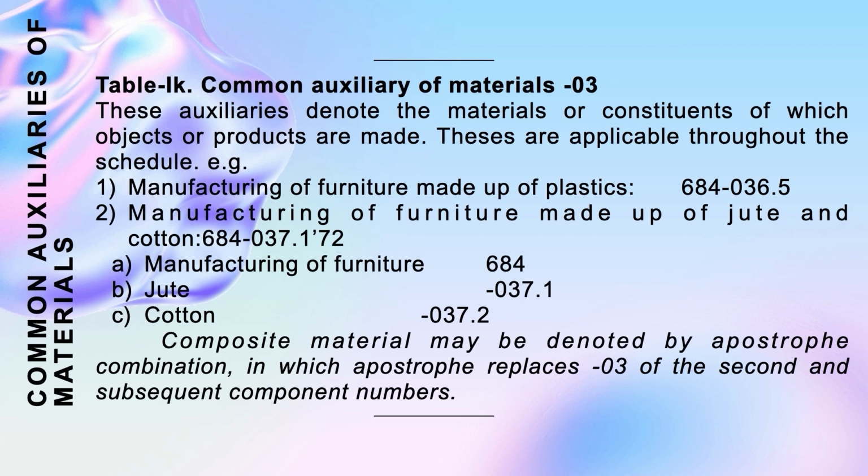You see, so the class number will be 684 hyphen first material number 037.1. Then you delete the hyphen 03 and place the apostrophe here. So the class number will be 684 hyphen 037.1, then apostrophe 72. You see, the hyphen 03 will be deleted and it is replaced by the apostrophe.